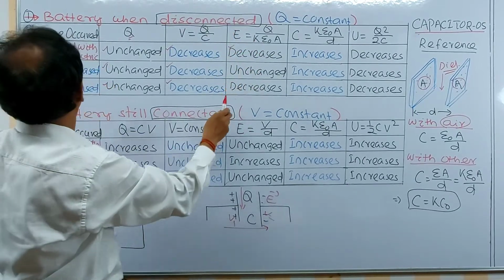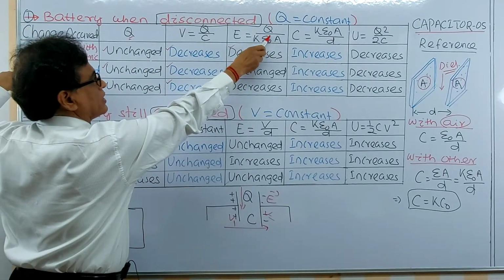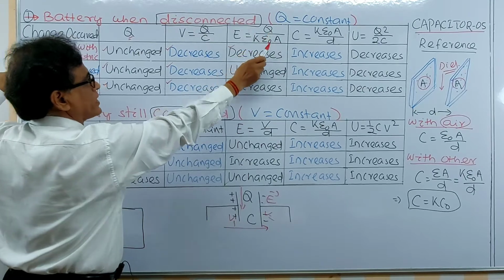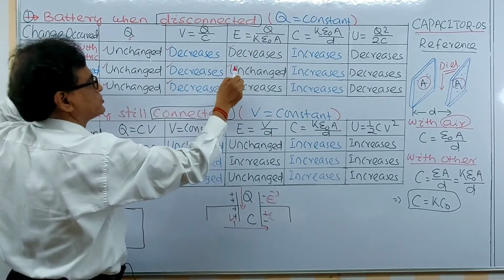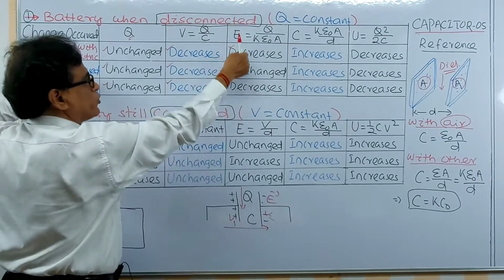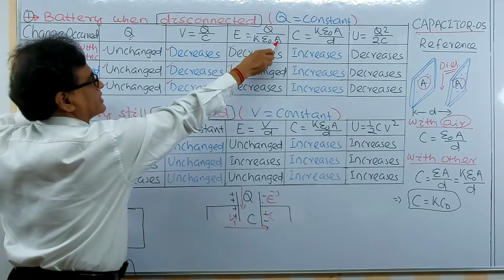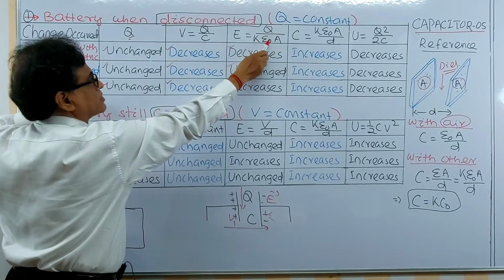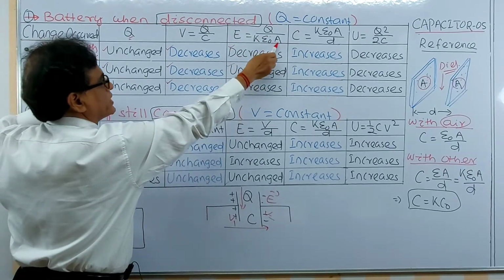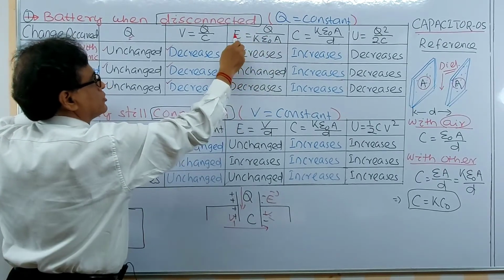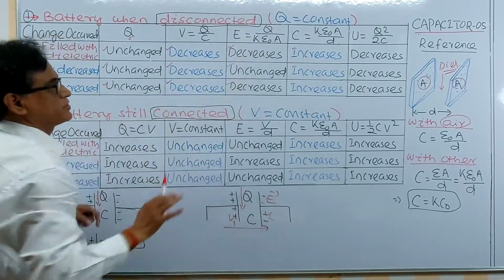Now, if D decreases, there is no factor of D in this formula, so there will be no change, E is unchanged. This is a very important concept, remember. And when area increases, Q being constant, the denominator increases, so electric field decreases, because area increases, E decreases.